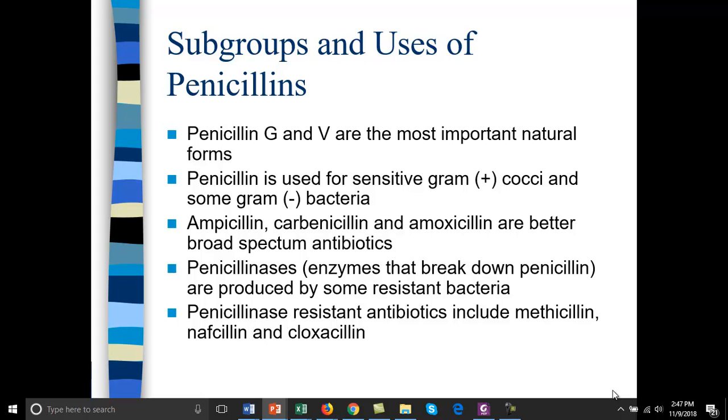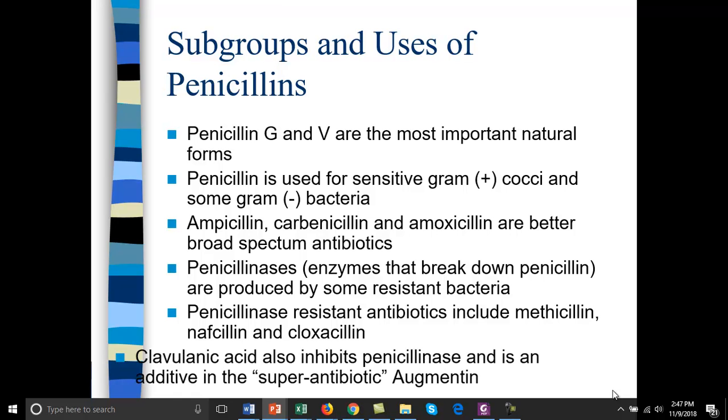Those that you use in the case where penicillinase is present would include methicillin, ampicillin, and cloxacillin. So these are all options that you can exercise if you are using something that would normally be susceptible to penicillin but is resistant.